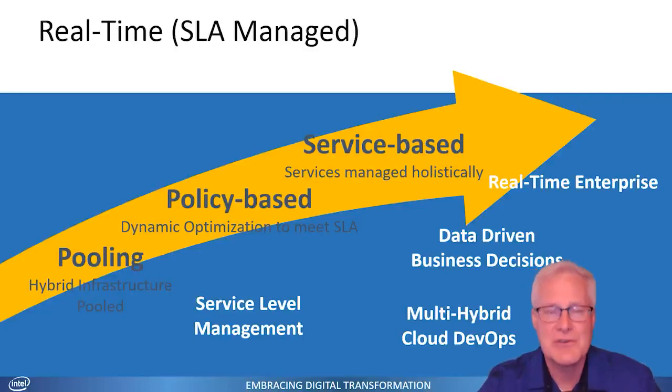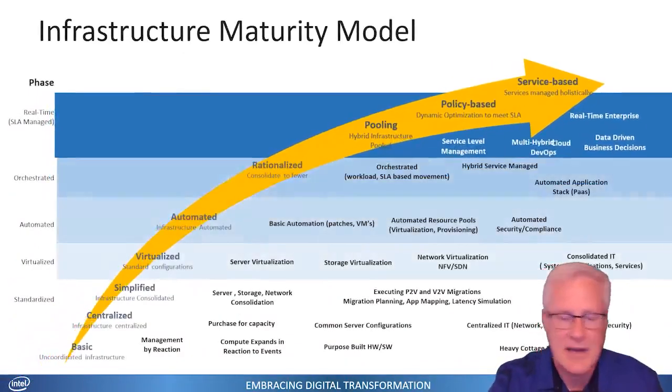I should only run services when they're needed, that type of orchestration is going on. So I'm optimizing my infrastructure, my data management, as well as my services all together. And this gives me that real-time service orchestration, service level managed. So I'm always meeting the service level agreements that I've agreed to for my customers as an IT professional.